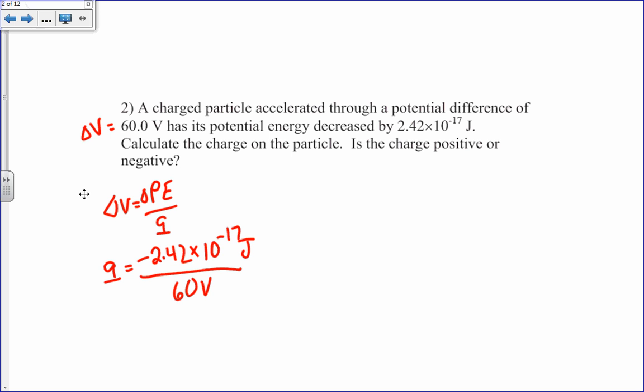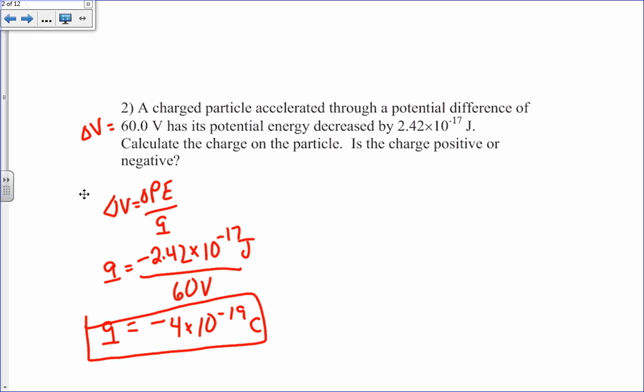This is in joules. Joules over volts gives me charge, and that's going to give me negative 4 times 10 to the minus 19 coulombs. That's Q. That answers the second part of the question too, that the charge is negative as well.